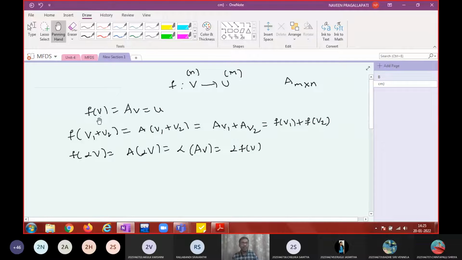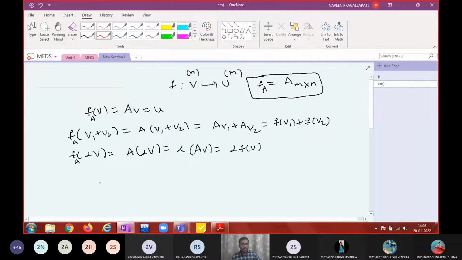Okay, so the function we are defining defines a linear transformation, and I am denoting this function not by f but by f_A, and that f_A I am identifying with the matrix itself. So you can view every matrix as basically a linear transformation from an n-dimensional vector space to an m-dimensional vector space.